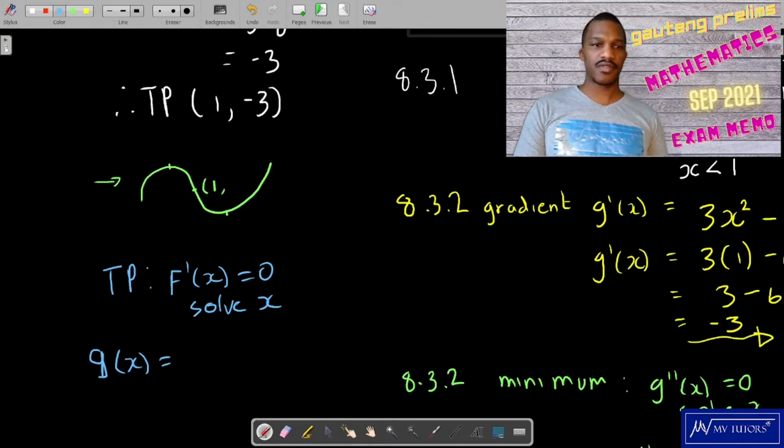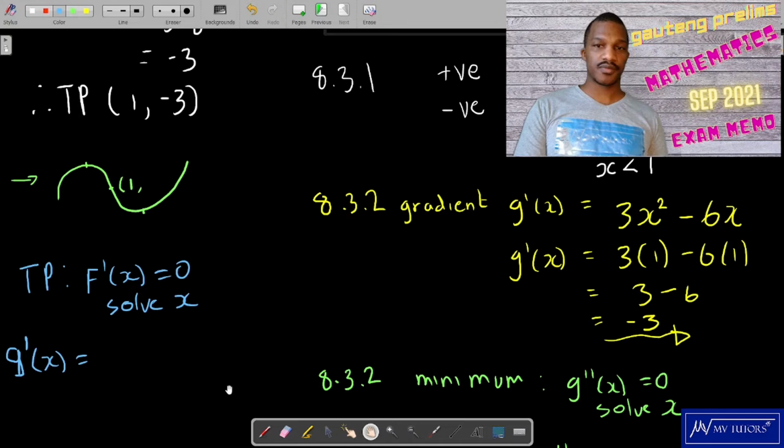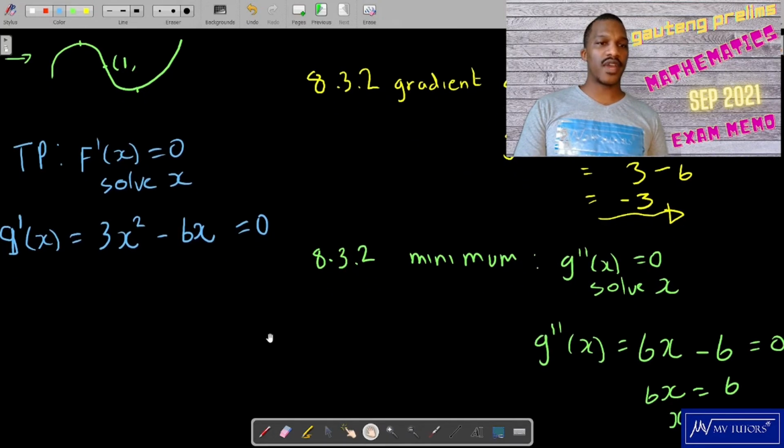I'm sure we solved the first. Let me just write the first derivative because we've been working with it. Okay, and it's equal to 3x squared minus 6x. So remember I said equate it to 0 and then solve for x. That will give you the x values.